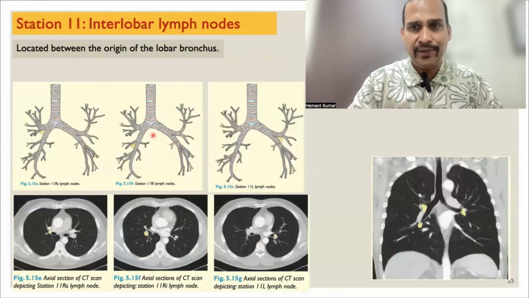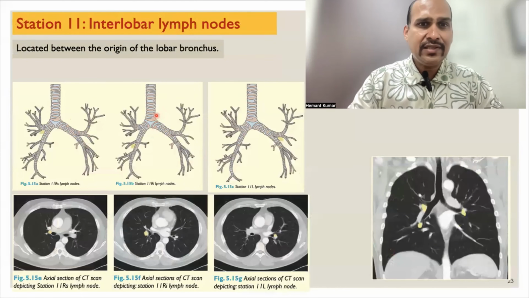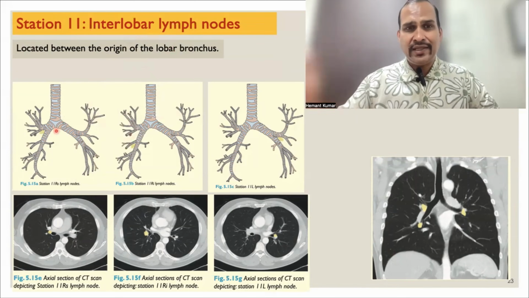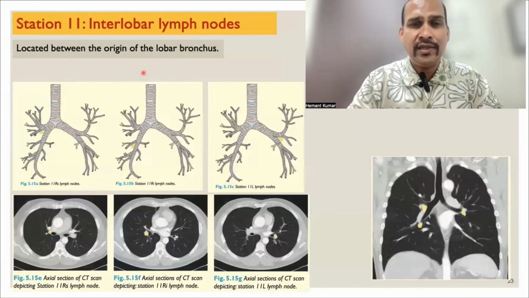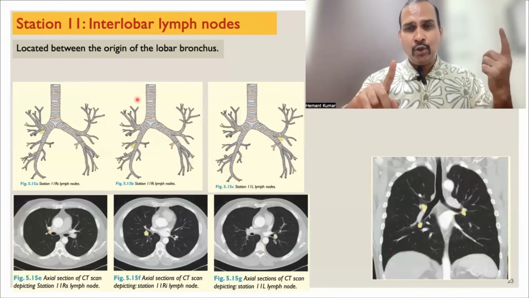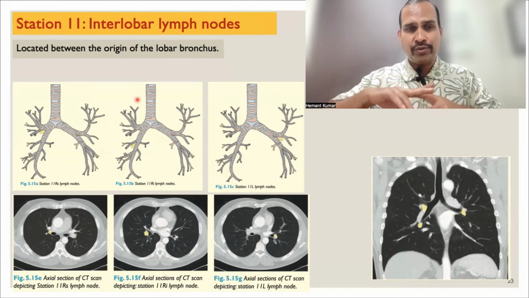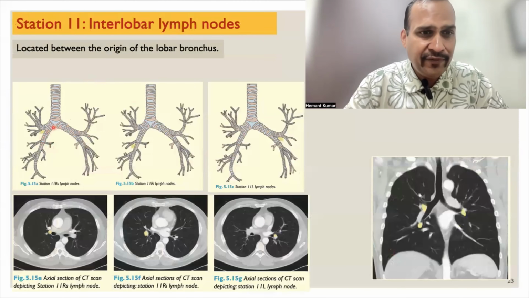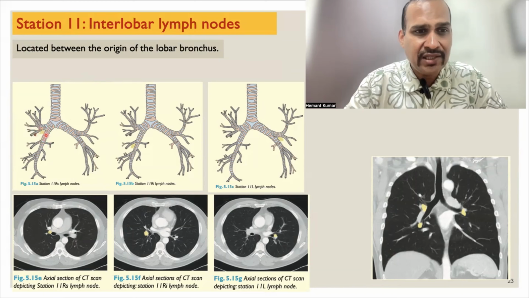Now station 11. So 11 is just lateral to station 10, the interlobar lymph node, between two lobes, not along the lobe, like between the right upper lobe and bronchus intermedius. This is station 11R.